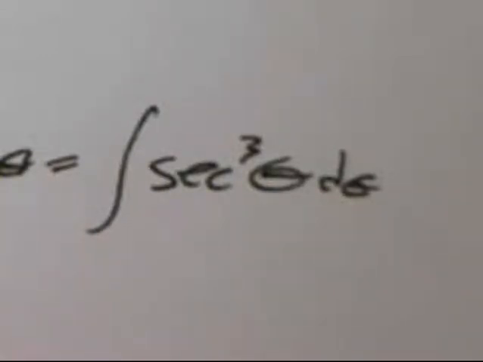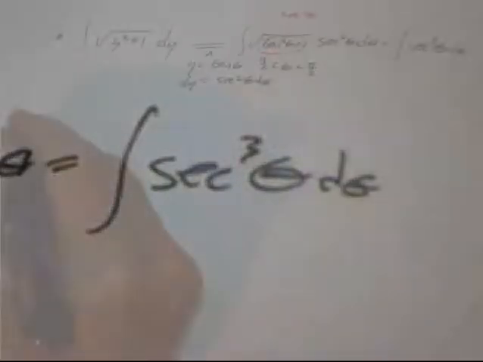The other type of strategy here is to factor off a secant theta tan theta d theta. That's not really available either. So what have we got left? Not much. We can try integration by parts. Sort of a desperate maneuver, but it might very well work here.